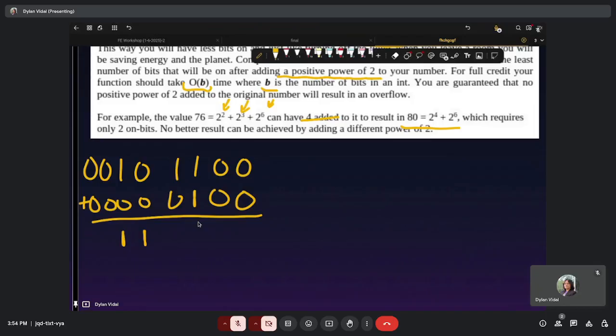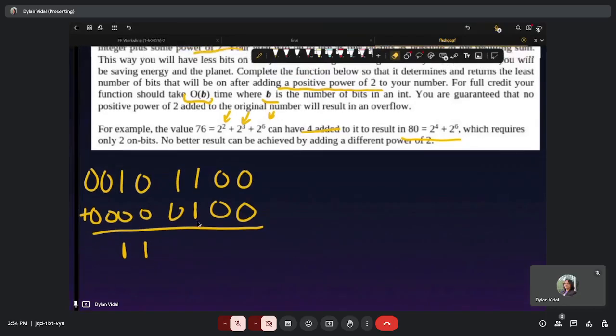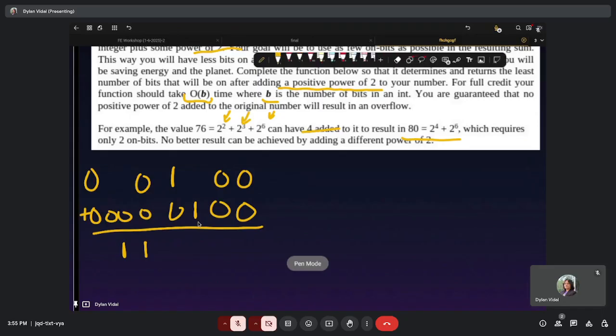No. Wait, I'm messing things up here. I should have started at 0, sorry. So this is 0, 1, 2, 3. There's an on bit in 2. 0, 1, 2, 3, 4, 5, 6.